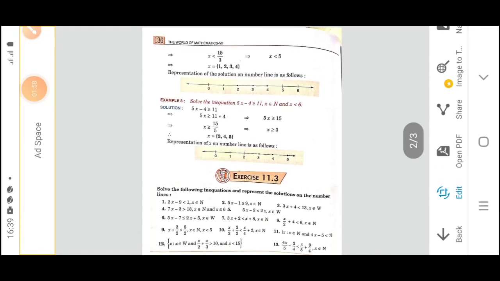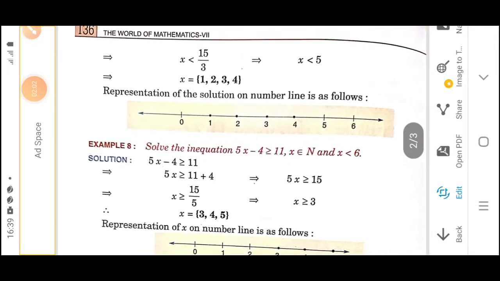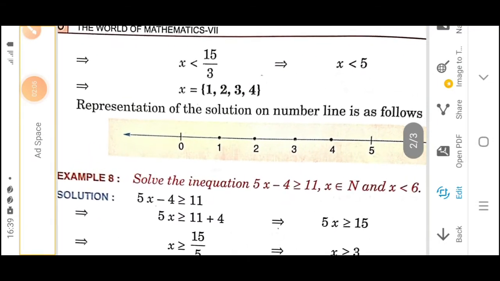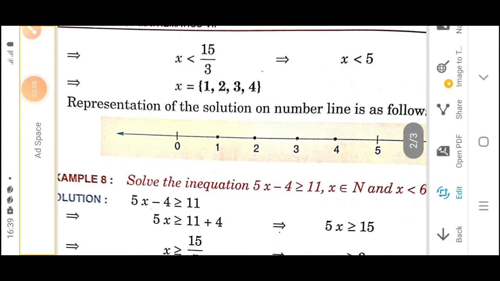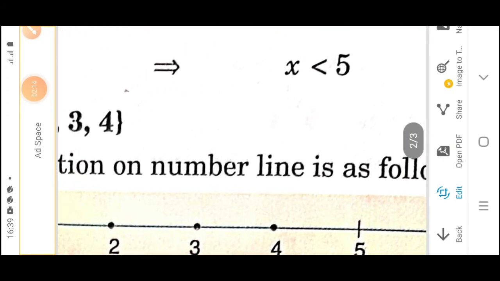Now on the right hand side, taking 3 to the right hand side, we get 3 as the denominator, so we get 15 upon 3. On dividing, we get x is less than 5.